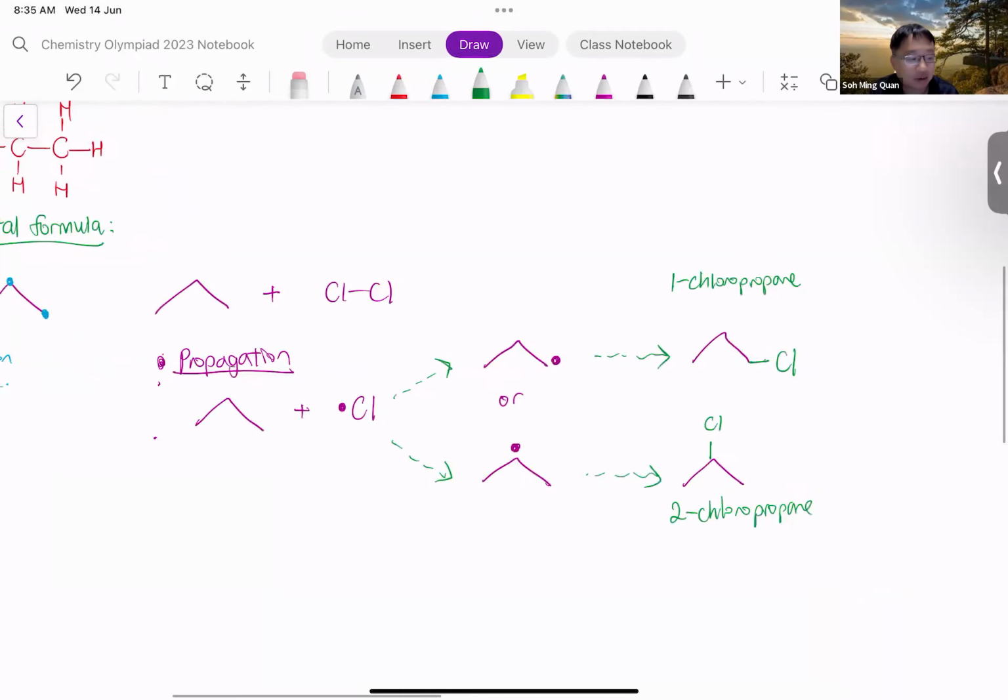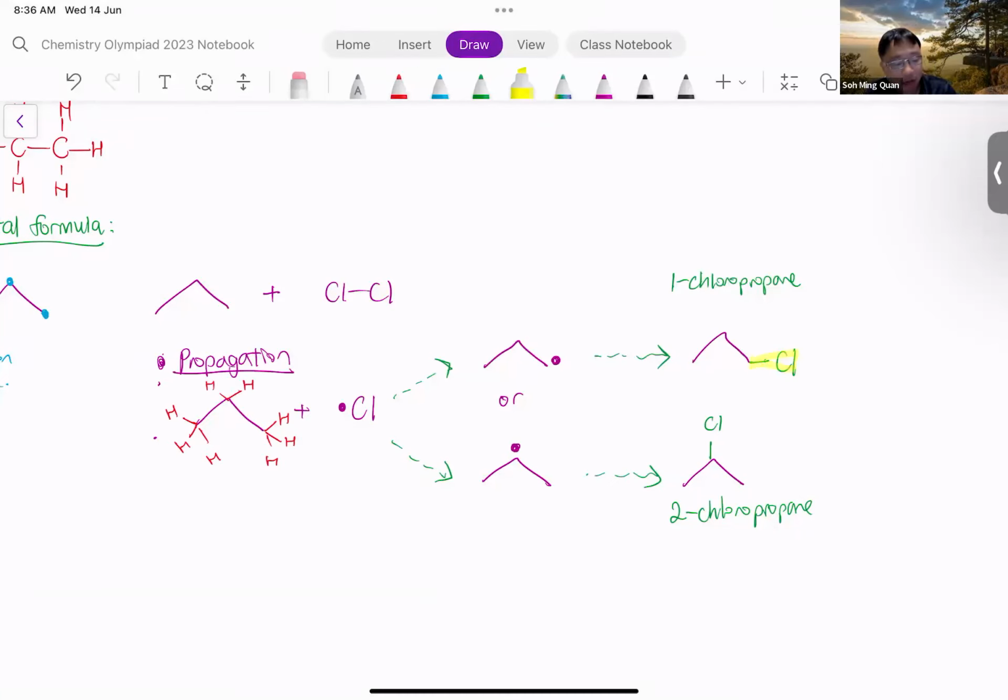So now you're going to ask yourself, for the radical to be at the end, the terminal carbon, how many possible positions can the chlorine come in from? Remember our skeletal formula, we didn't draw the hydrogen. So now let's draw the hydrogen back to allow you to visualize.